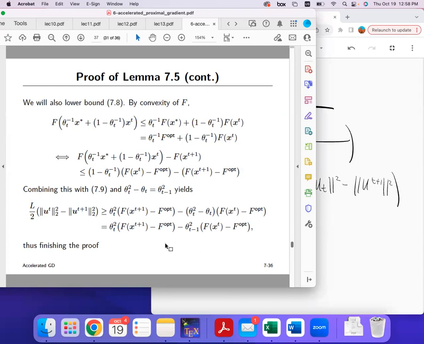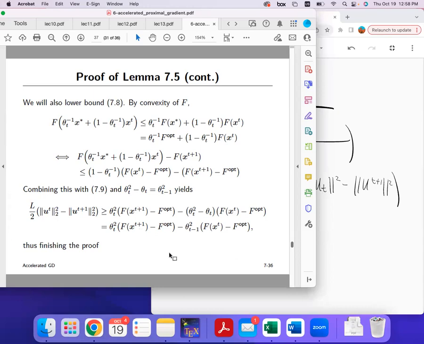You can see that the way we construct that theta_t is really critical. The structure is very especially chosen so that everything can go through here. That's why we call that a magic number.